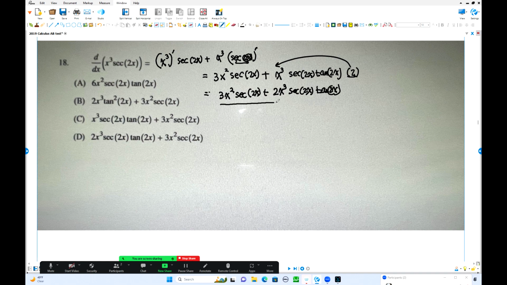Will you keep it in this form? 3x squared secant 2x, after that 2x cubed secant 2x tangent 2x here, right? Choice D is the answer, okay?